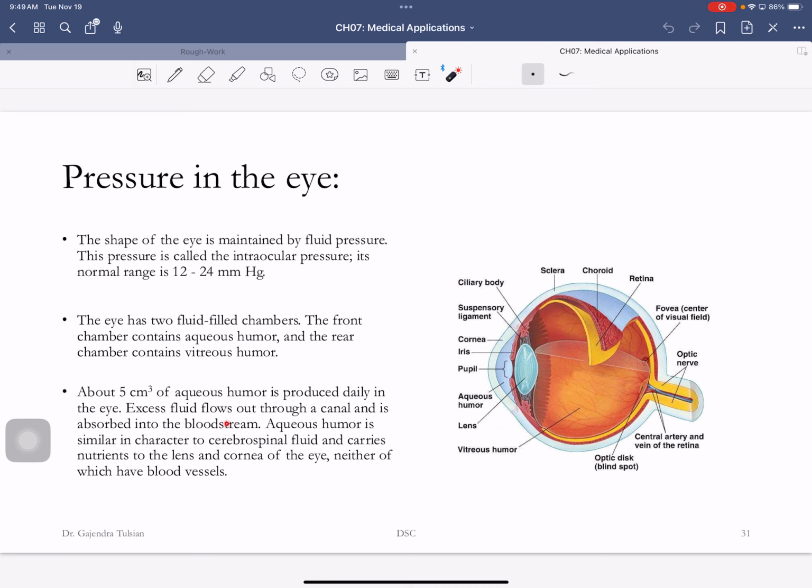So 5 cc is absorbed into the bloodstream daily. If the canal gets blocked, the fluid cannot flow out and get reabsorbed. It's similar in character to the cerebrospinal fluid and carries nutrients to the cornea and lens, neither of which have blood vessels.